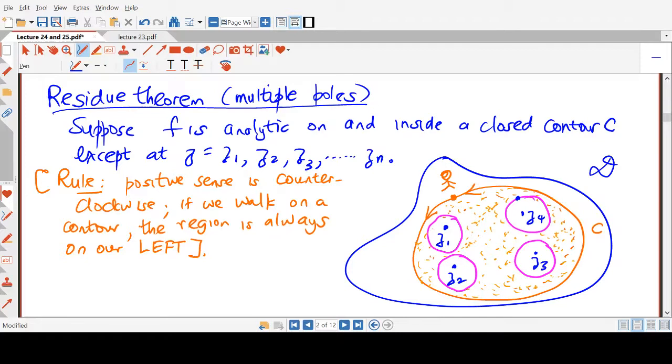But then the singularity, the circle, is not the so-called region. The region is that side. That's the wrong way to walk. I should walk this way. If I walk this way, now the region is on my left. Standing here, outside, the region is on the outside. So the moral of the tale is that the sense of rotation now is this way, for all of these guys.